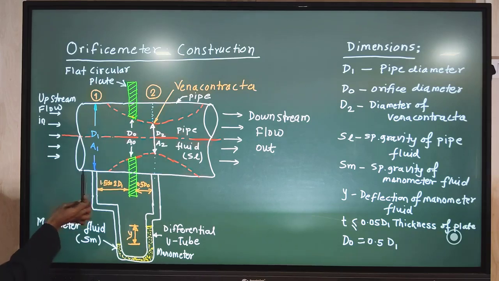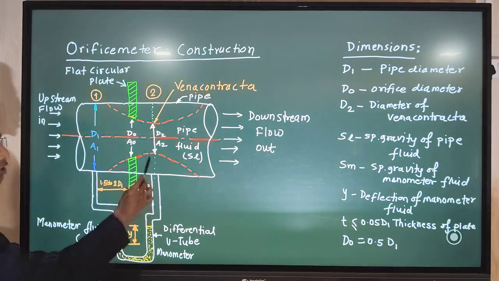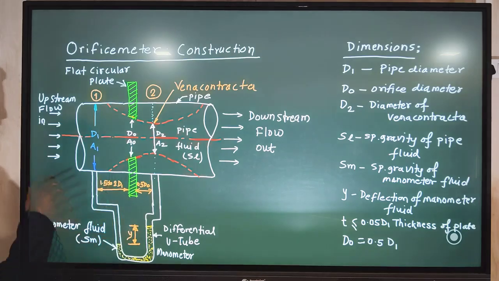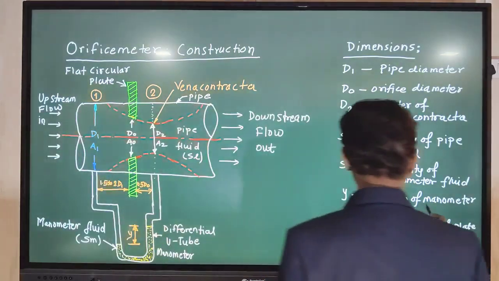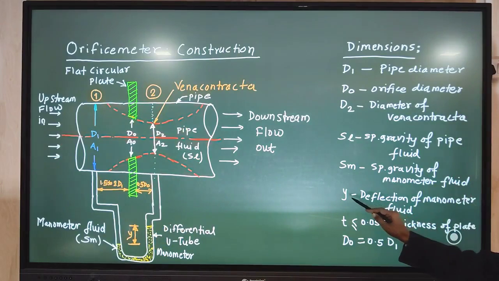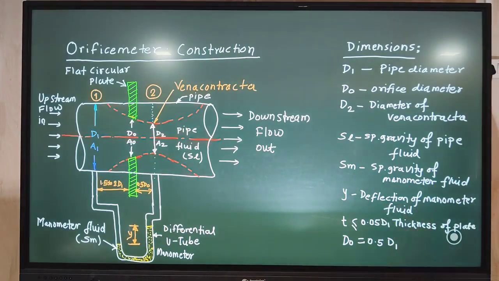The left limb of the manometer is fitted on the inlet pipe, and the right limb is fitted at the location of the vena contracta. Due to the pressure difference, a level difference takes place in the manometer fluid. That is called the deflection of the manometer fluid, denoted by letter Y.